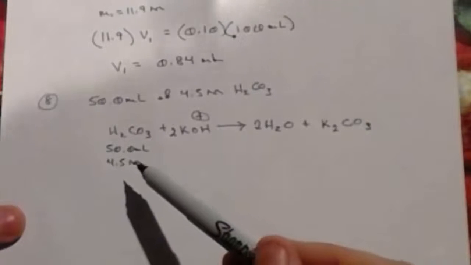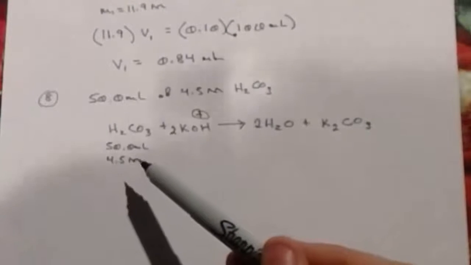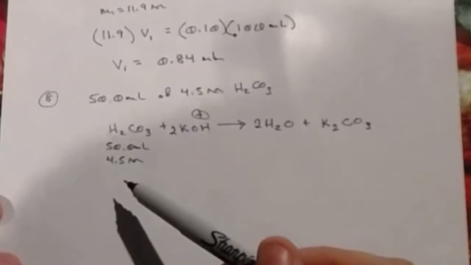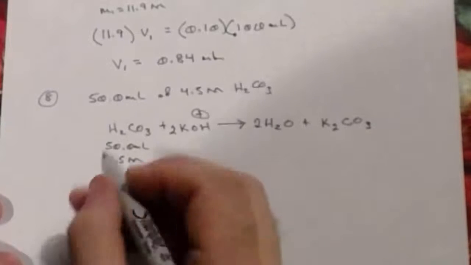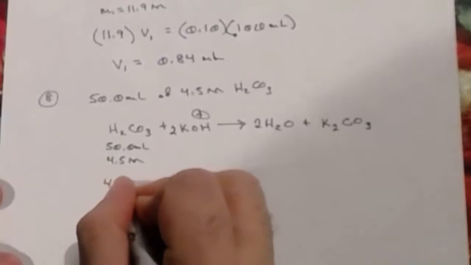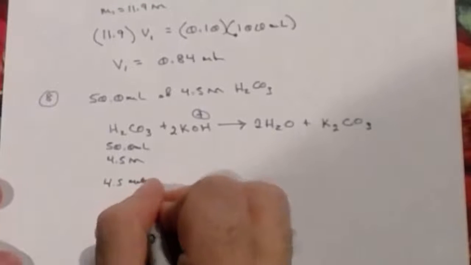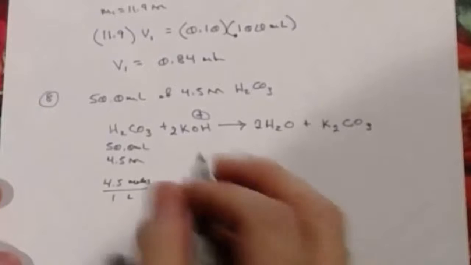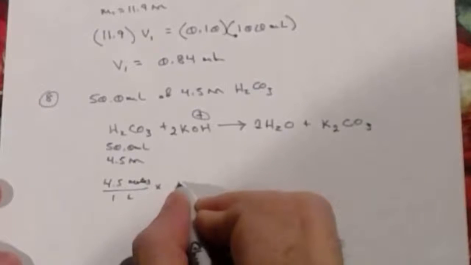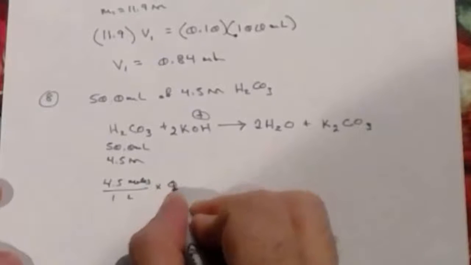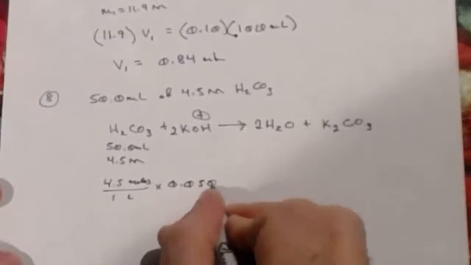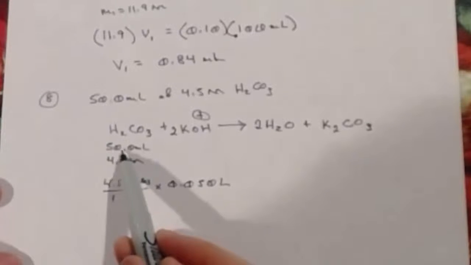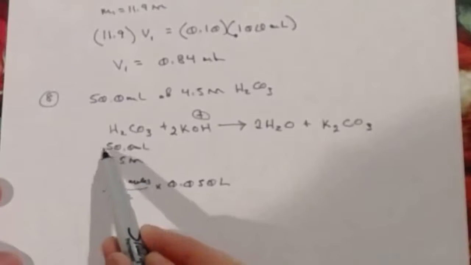Right, 4.5, yes. So, one way you could think about this is we have 4.5 moles for every 1 liter, but we actually have only 0.050 liters. That's another way of writing 50 milliliters. Move the decimal 3 to the left. 1, 2, 3.